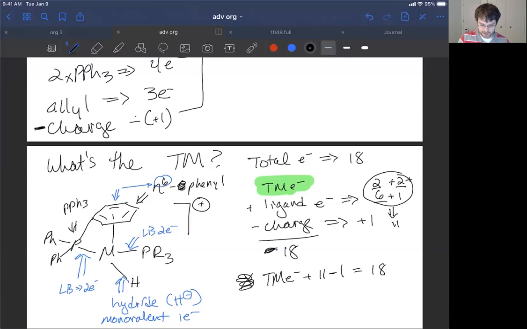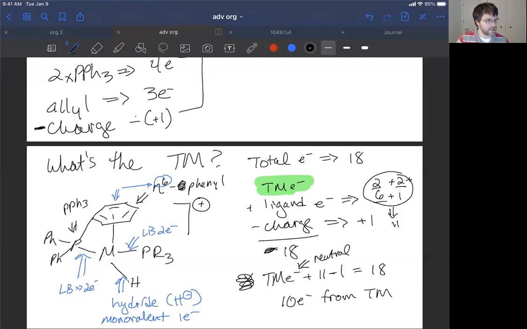And this transition metal count is our neutral atom count, so we'll know exactly what group number we're in. In this case, we have 18 minus 11 is 9, plus 1 is 10. So we're at 10 electrons from the transition metal.